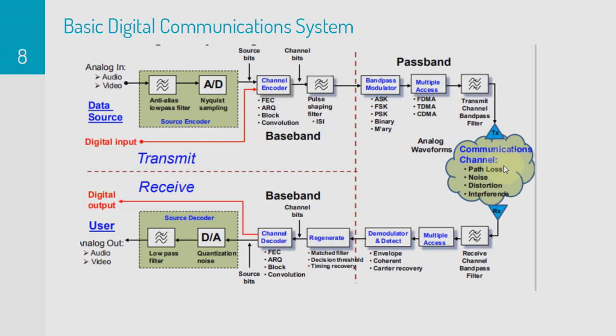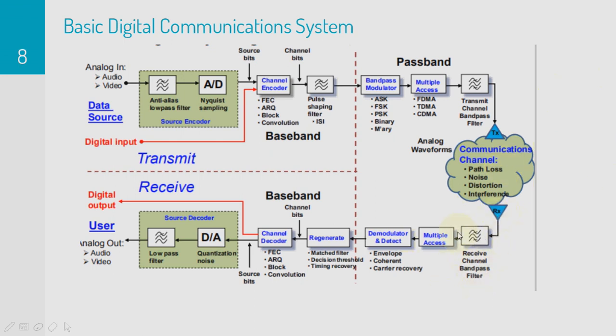It is sent to the bandpass filter and then to the communication channel, maybe analog or digital. In the communication channel, disturbances like path loss, noise, distortion and interference may arise.